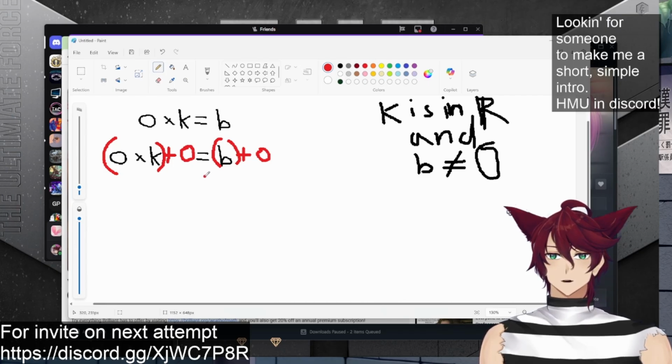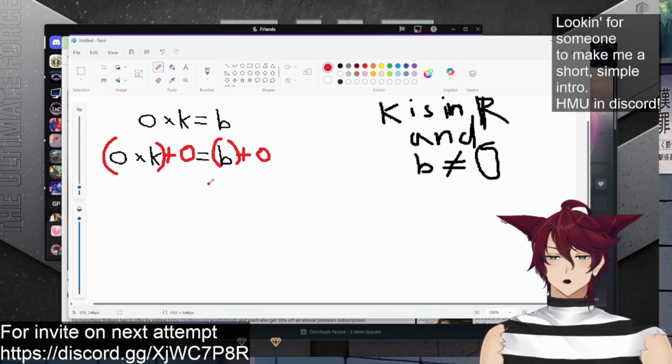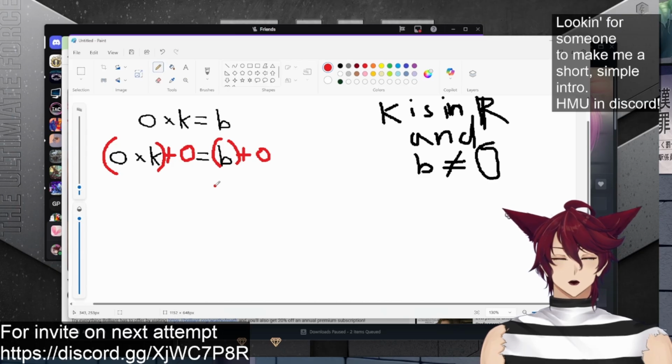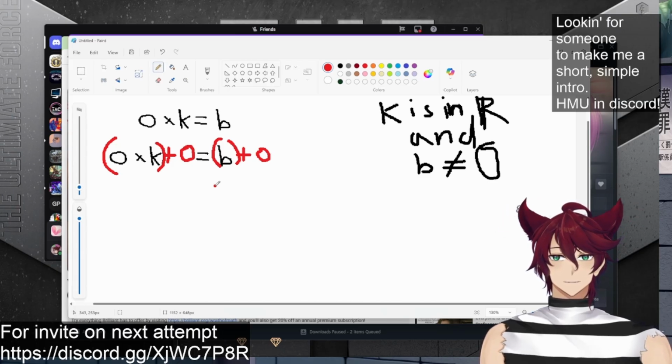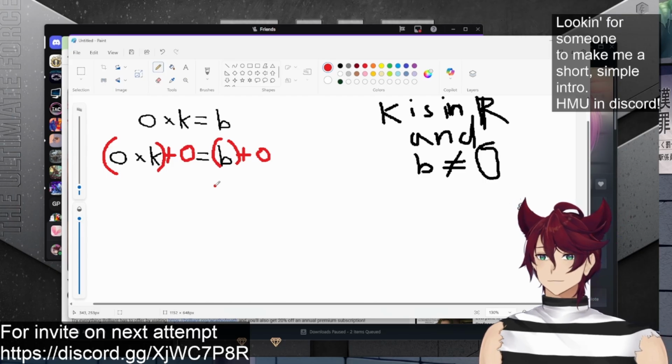Oh, I wonder if instead of adding 0 to both sides, we should multiply 0 to both sides. Let me think. I don't know if we could do that. We could subtract b from both sides.